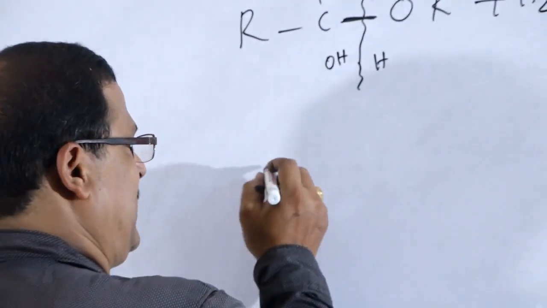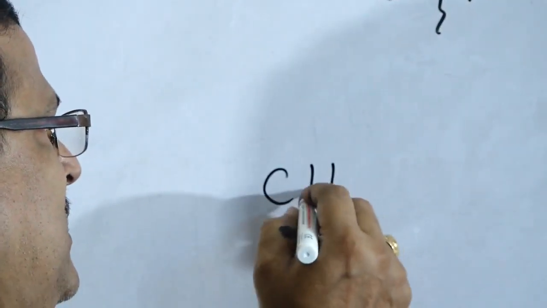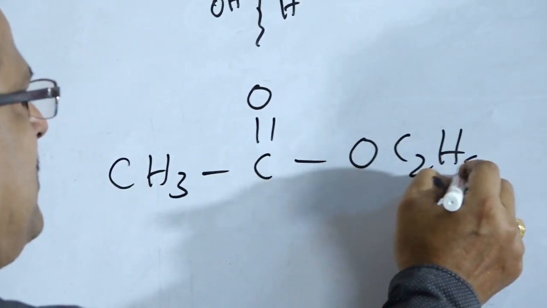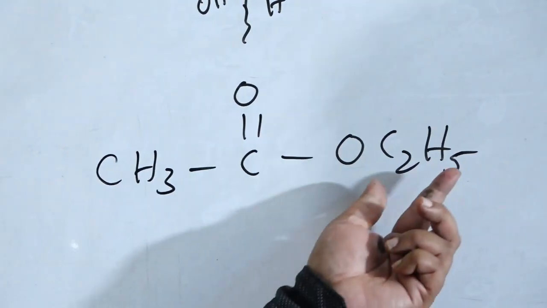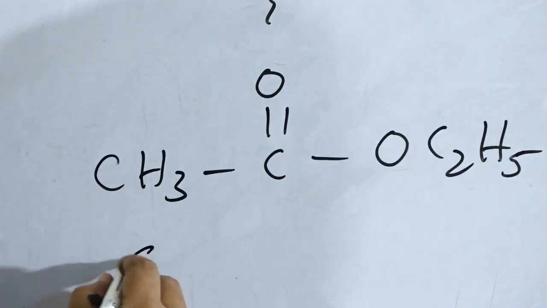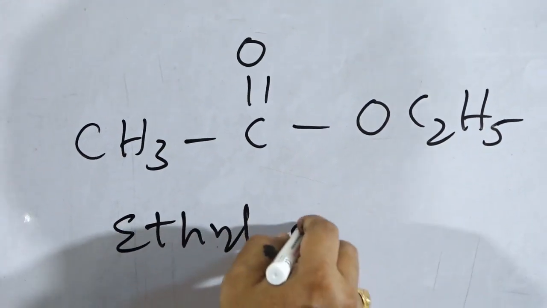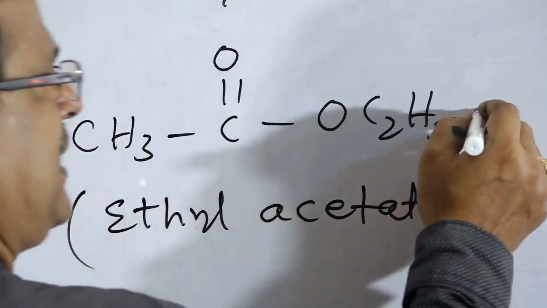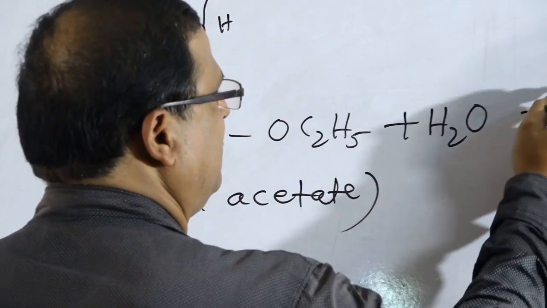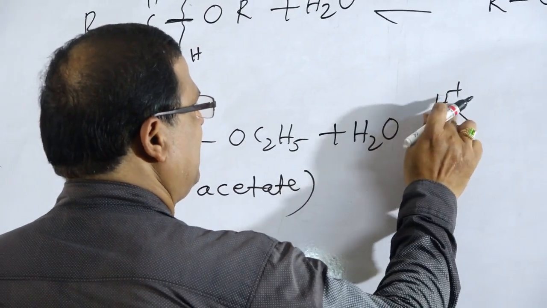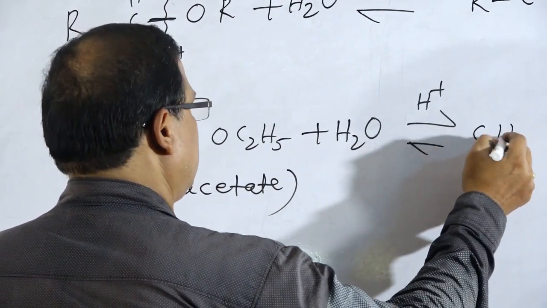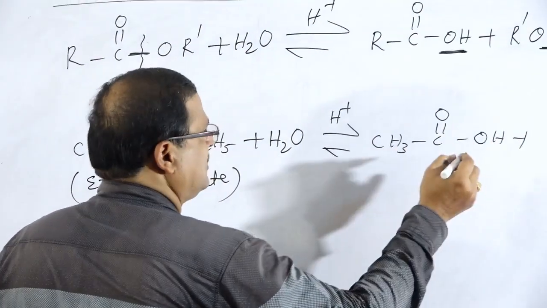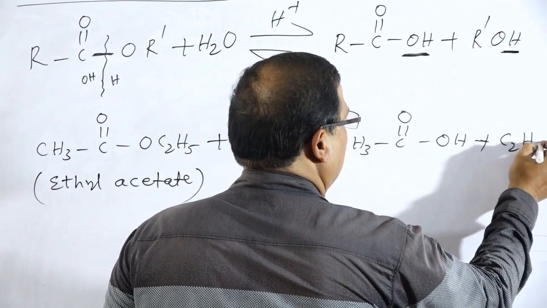Next we will give a specific example: CH3-C double bond O-OC2H5. That is the formula for ethyl acetate. It is hydrolyzed in acidic medium to form CH3COOH plus C2H5OH.